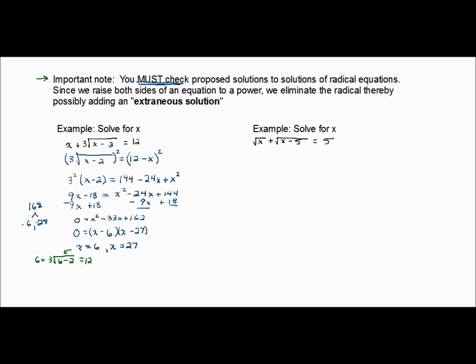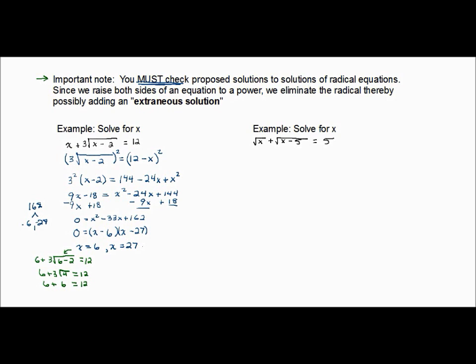Is it? Well, this is 6 plus 3 times the square root of 4. And 3 times the square root of 4 is 3 times 2, so that's like saying 6 plus 6. And sure enough, that's equal to 12, so that one works.